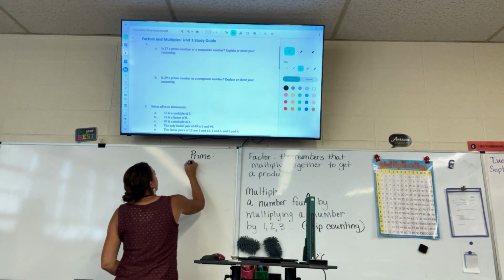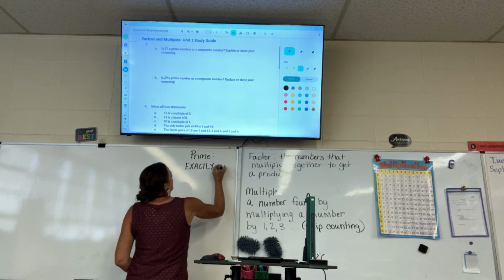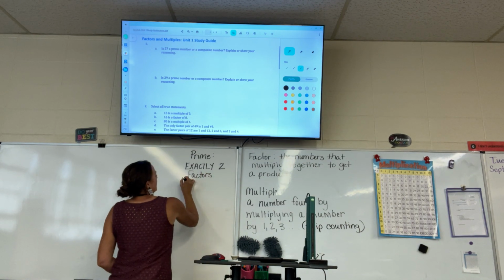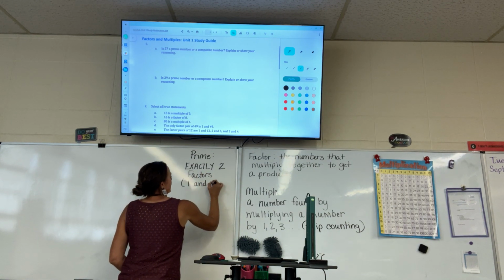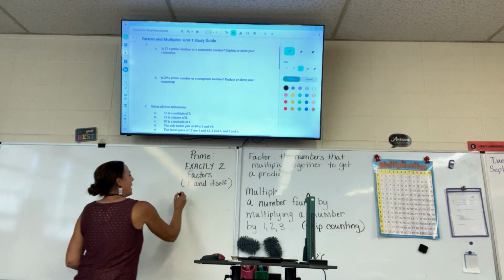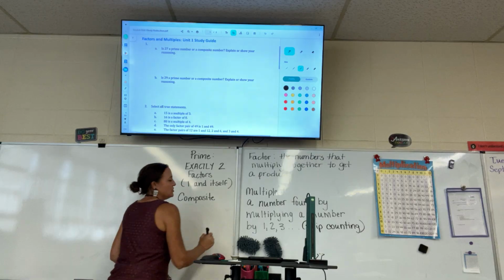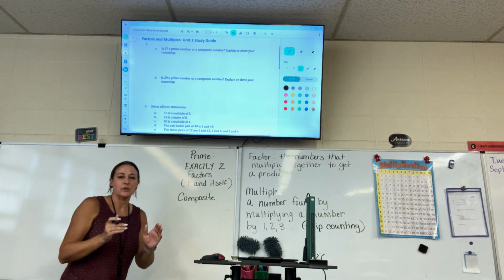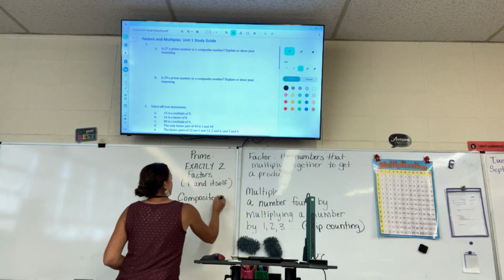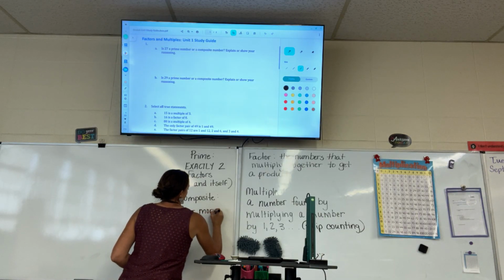So prime numbers have exactly 2 factors, 1 and itself. What about composite numbers? How many factors do composite numbers have? Kennedy? 3 or more, yes. Okay? 3 or more factors.